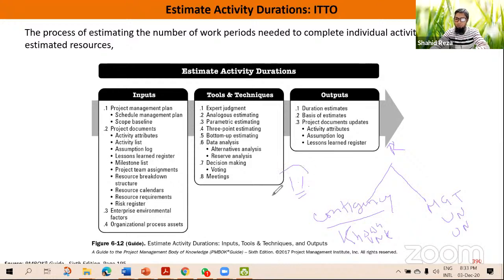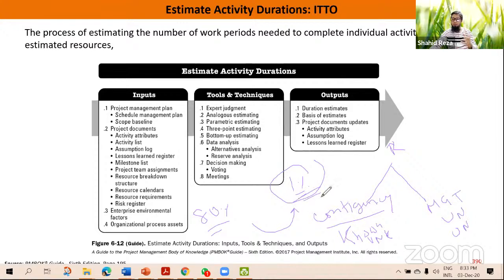So if 1% rain happens at that project time, then the work will be hampered by 1%. But in the rainy season, the chance of raining is 80%, say, so the work will be hampered by 80%. That's why they plan to work in winter. But in winter, there is also a chance of raining by 1% or 2%. So this is known as known unknown situation.